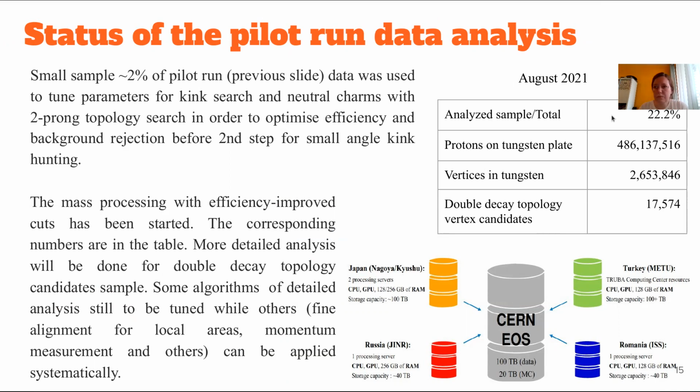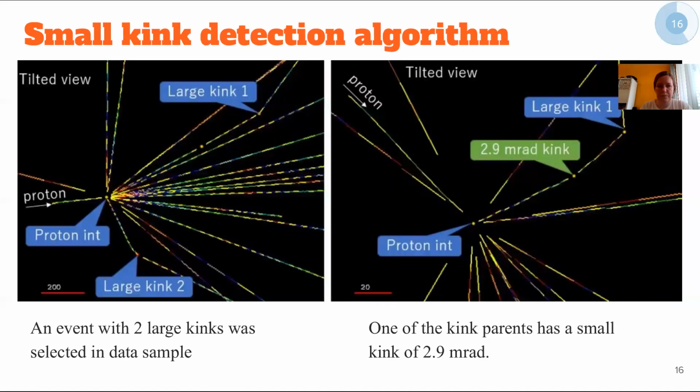Now we have analyzed about 22% of the pilot run data. More detailed analysis will be done for the double decay topology candidate sample. Some algorithms of detailed analysis are still to be tuned, while others can be applied systematically already now.